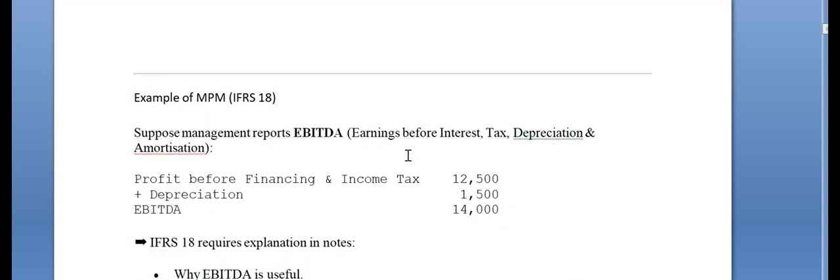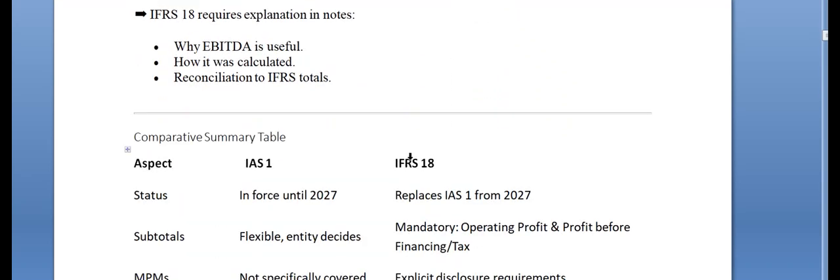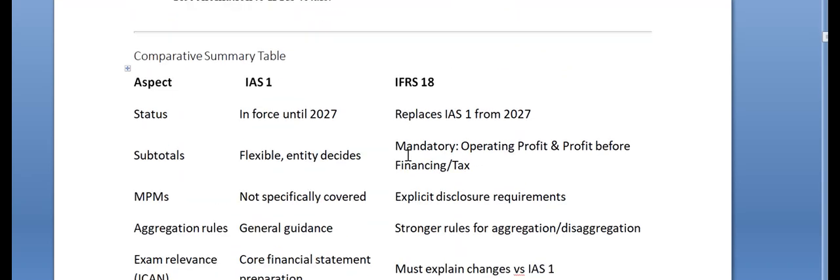Any question? I'm sure there is no question. So look at this exam tip in case you are asked in your exam. Before we take another question, always start with the IAS 1 format in case you are asked to prepare in line with IFRS 18 and IAS 1. Always start with the IAS 1 format. Then go ahead and explain the modification to IAS 1 with IFRS 18.